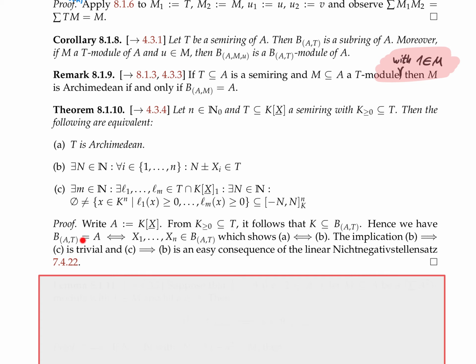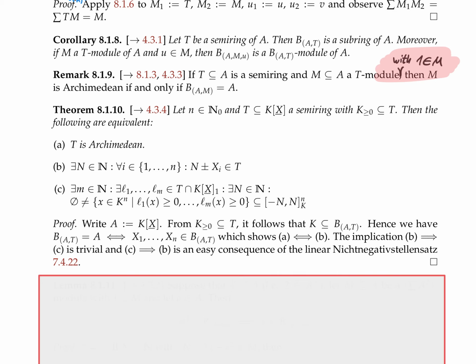So we have to show that Archimedeanness is equivalent to every variable here being contained. That's equivalent to: for all i there exists an n. But because 1 is in T, if for every i there exists an n, then there also exists one n that works for all of these finitely many i's. So that shows A if and only if B.